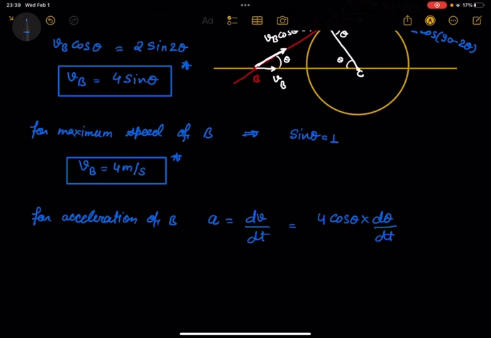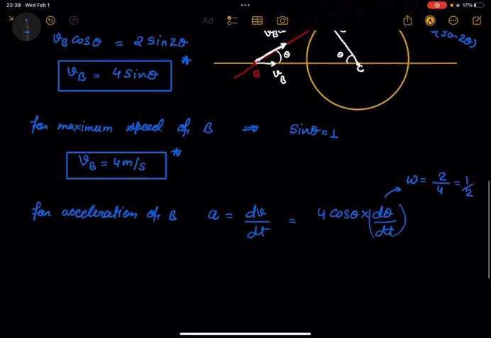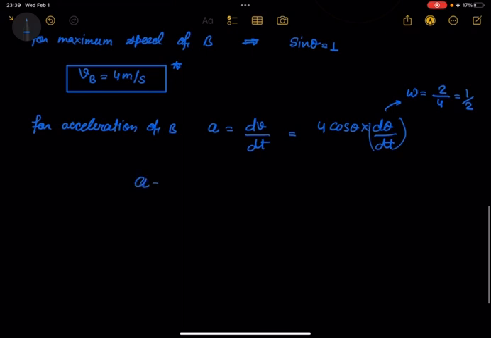And dθ by dt is the angular velocity ω. Understood? And ω is equal to 2 by 4, that is 1 by 2. So we can write here acceleration is 4 cos θ into 1 by 2, or you can say it is equal to 2 cos θ.